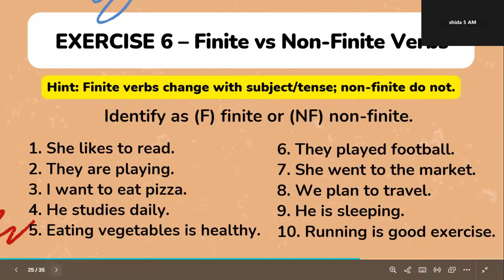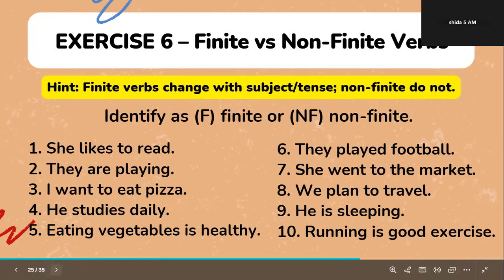Exercise number 6. Finite versus non-finite verbs. Finite verbs change with subject or tense. Non-finite verbs do not change. Identify as F for finite or NF for non-finite. She likes to read. Is it a finite or non-finite verb?